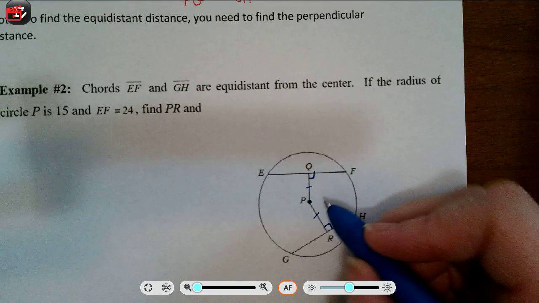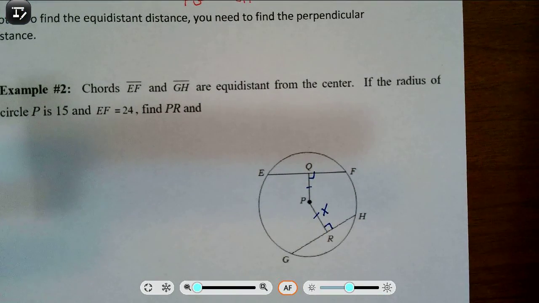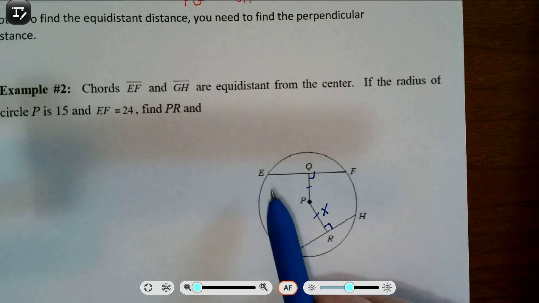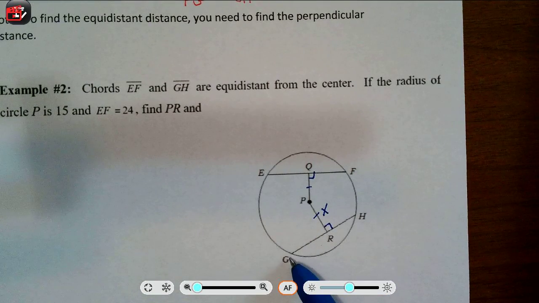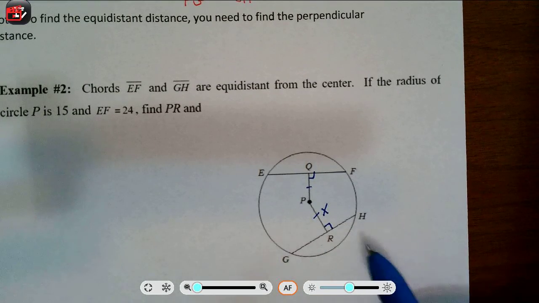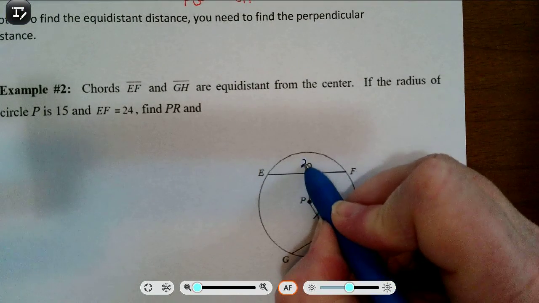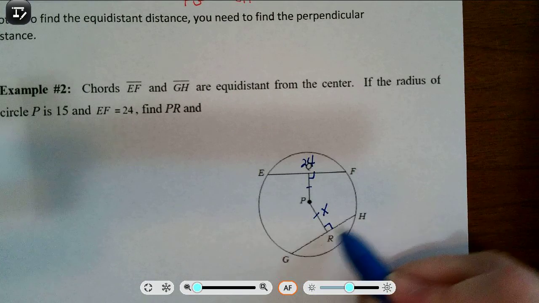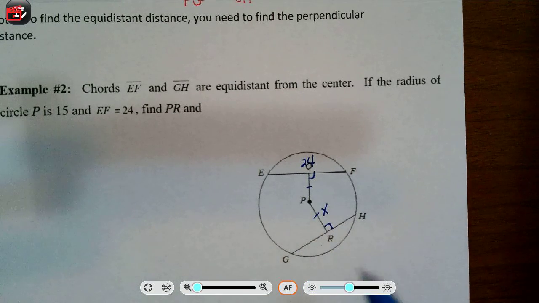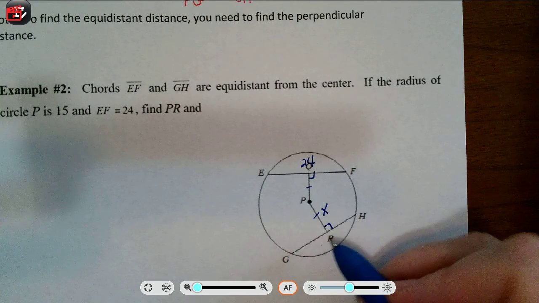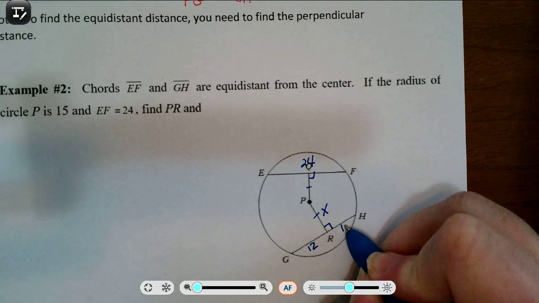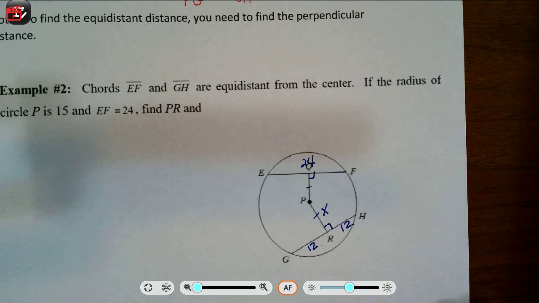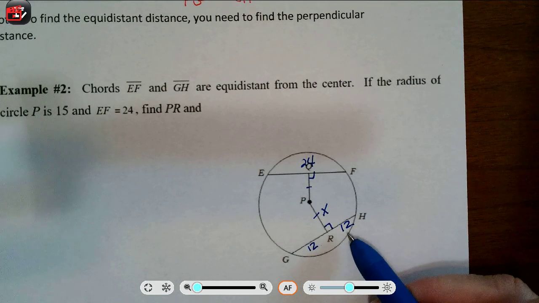We want to find the length of PR. So this is my unknown. If these are equidistant, then chord EF is also congruent to GH. So if this is 24 going across, then GH is 24 across. And just as we talked about in the last one, this is perpendicular to the chord, which means it's going to bisect it. That means this piece here is 12, and this piece here is also 12.